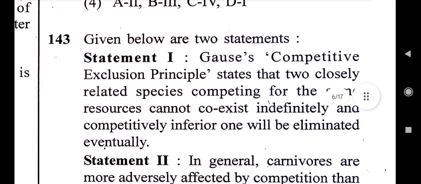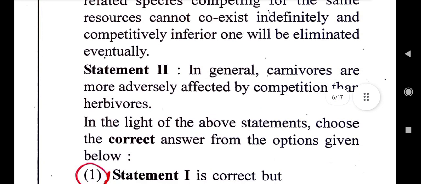Question number 143. Given below are two statements. Statement 1, Gause's competitive exclusion principle states that two closely related species competing for the same resources cannot coexist indefinitely, and the competitively inferior one will be eliminated eventually. Statement 2, in general, carnivores are more adversely affected by competition than herbivores.